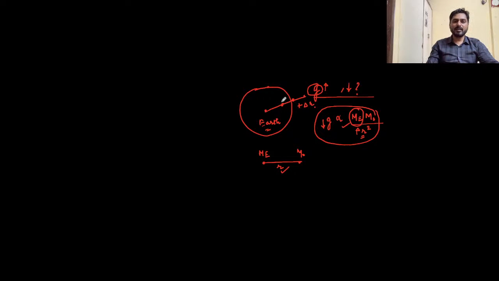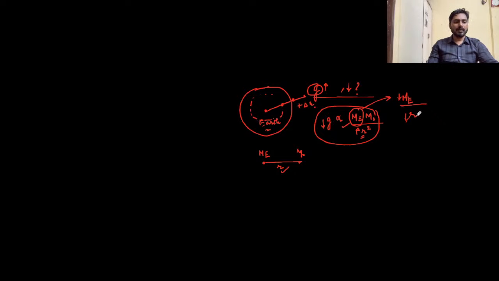Why? Because when you are here, only this part of Earth is going to pull you towards the center. So the mass of Earth that you are taking is also reducing, and this R is also reducing.